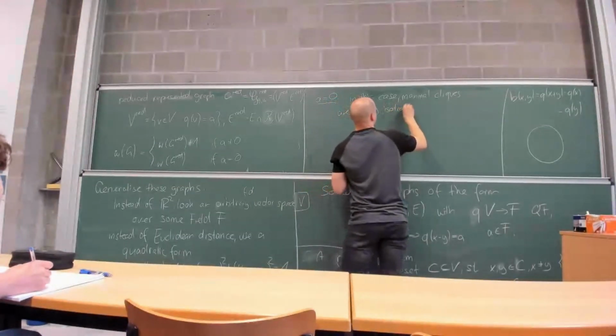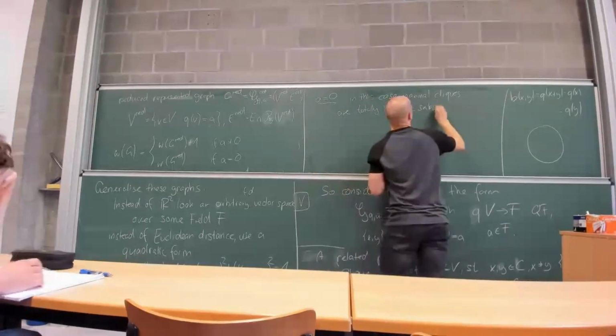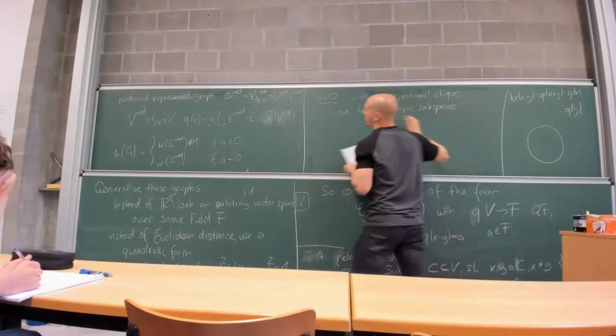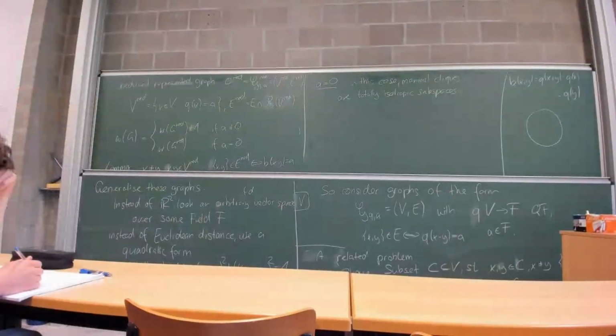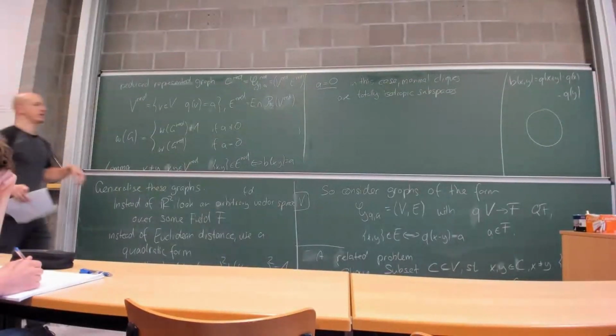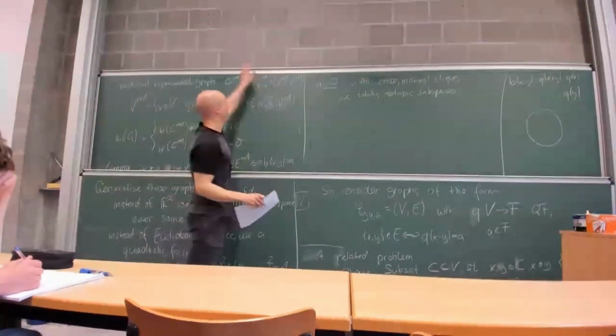In fact, totally isotropic subspaces. That means, given any vector of this space, when you evaluate it in the quadratic form, I obtain 0.